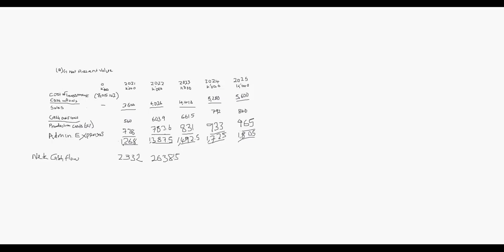Next, 4,010. So 4,010 minus 1,492.5. So the answer is 2,517.5.